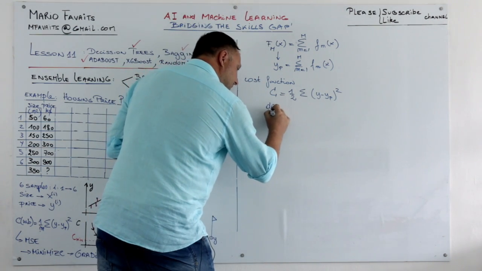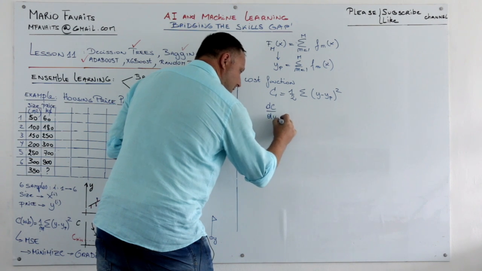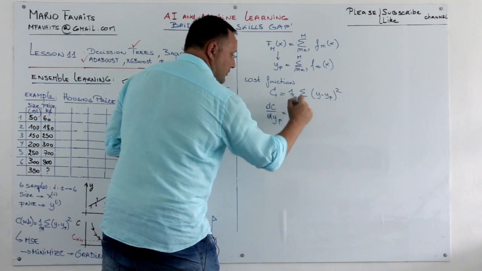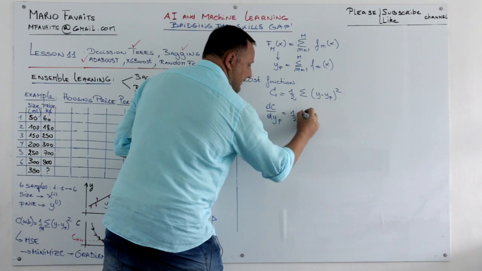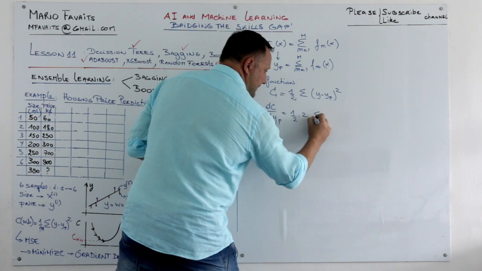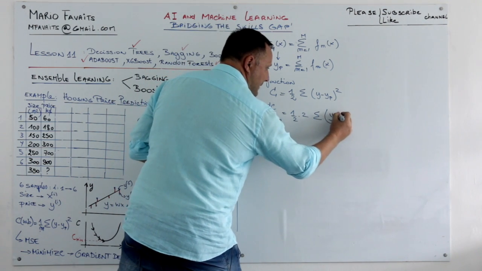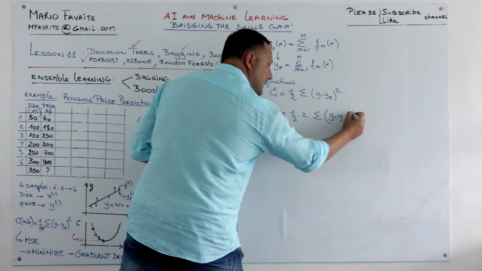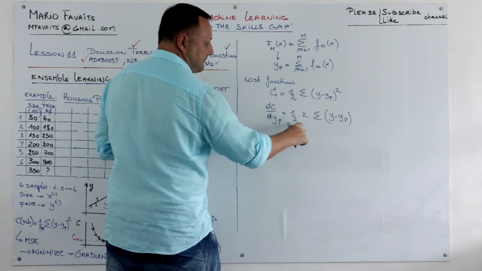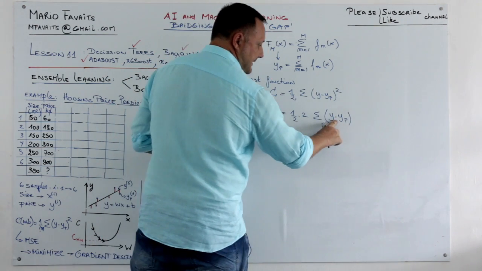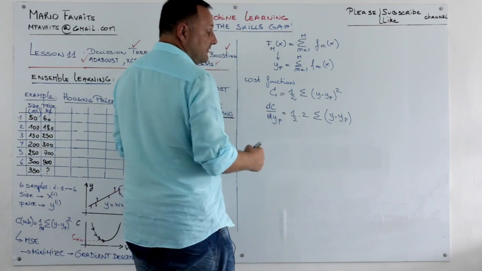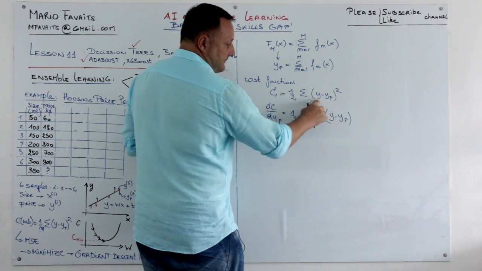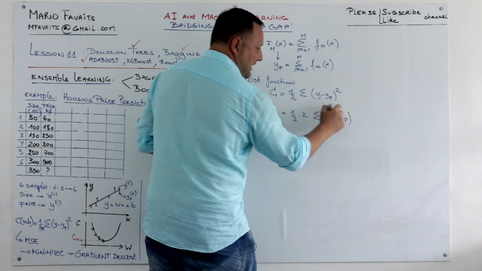So the derivative of C with respect to yp equals, the 2 goes to the front, so it's half times 2, and then times the sum, and we still have y minus yp here. The square disappeared, and I still have to differentiate this with respect to yp because of the chain rule, and the differential of this piece is minus 1.